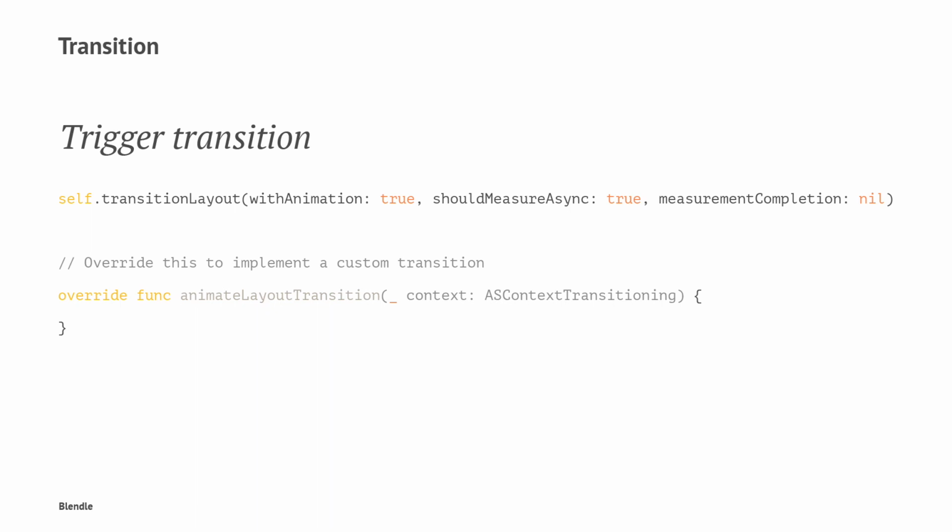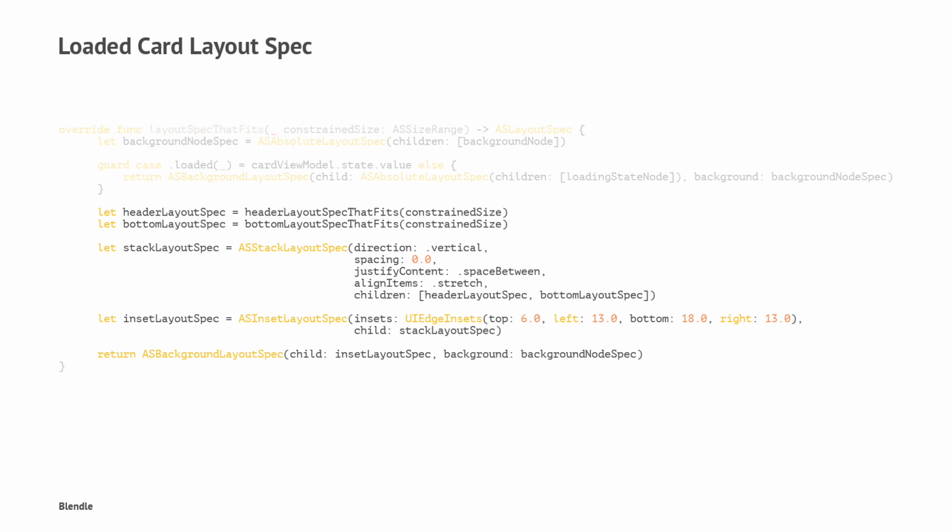If you want to do your own animation, it will do a layout pass, and then it will say, well, do your custom animation, and you can implement the custom animation, and it will still handle all the subnode management for you. So this is the second layout pass where the card is loaded, and you return the layout spec for the full card.